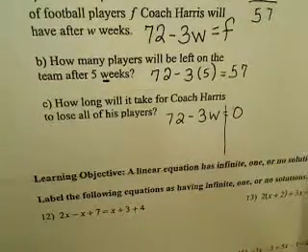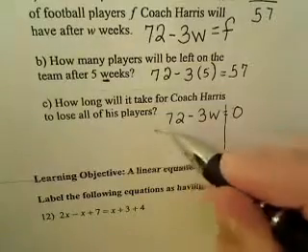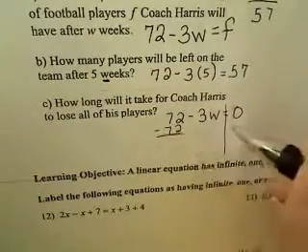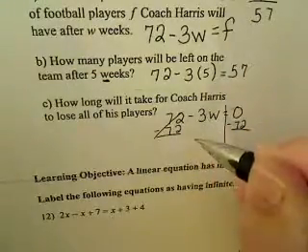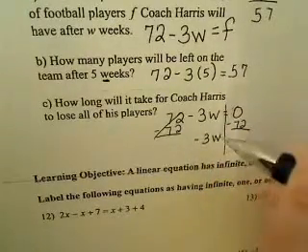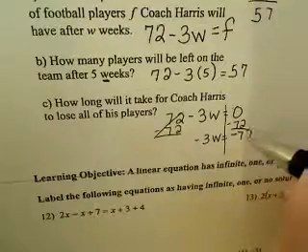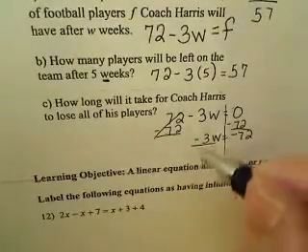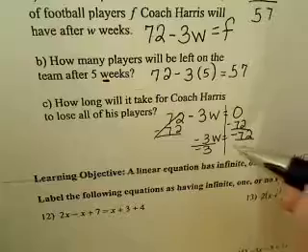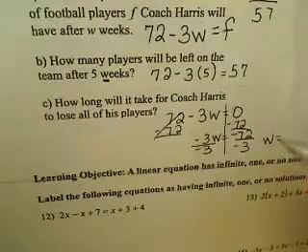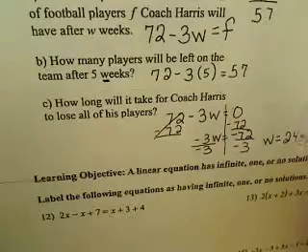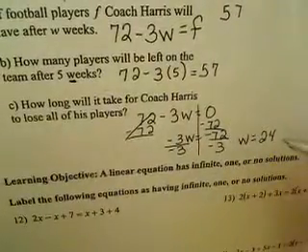We're going to solve this equation, inverse of adding or subtracting. So I'm going to subtract 72 from both sides. Bring down a negative 3W equals a negative 72. Divide both sides by a negative 3. And we end up getting 24 weeks.